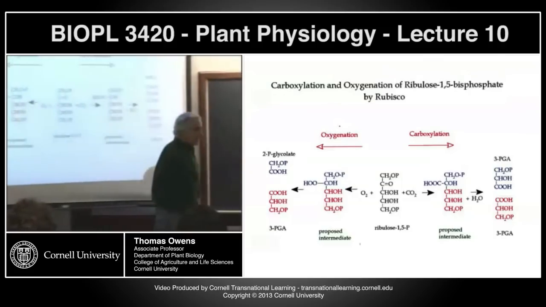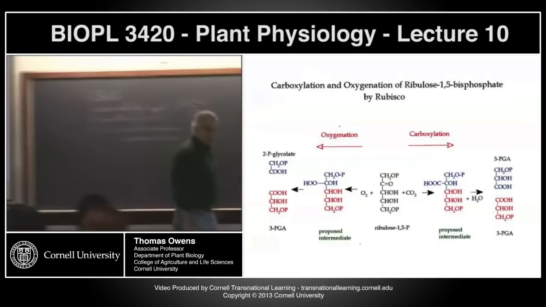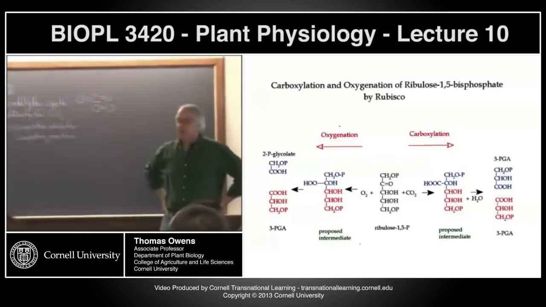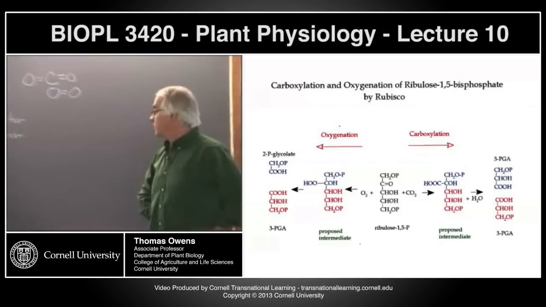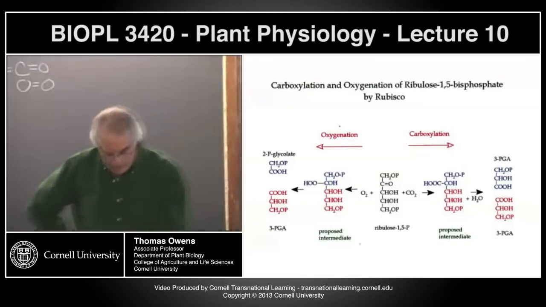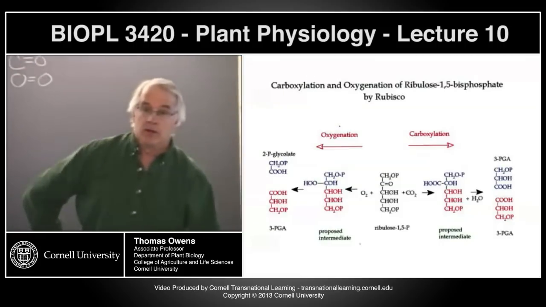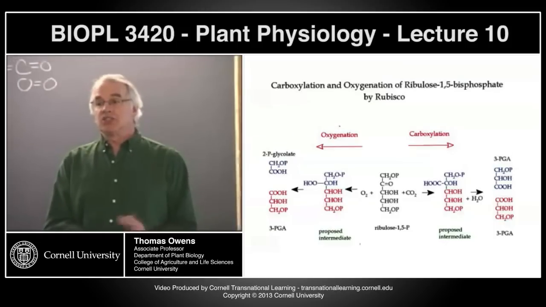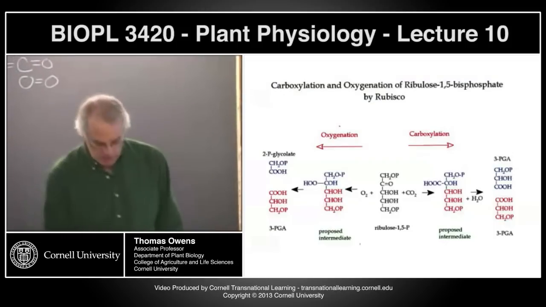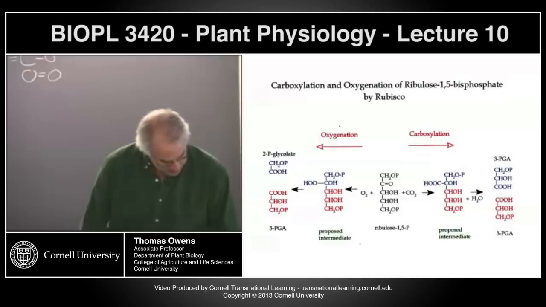And as I mentioned at the end of lecture on Tuesday, the problem is that glycolate is toxic and cells need to do something with it. Okay, so we need to think about how important is this oxygenation reaction and what are the consequences as far as the plant is concerned.